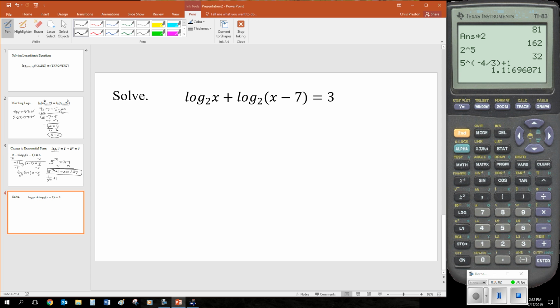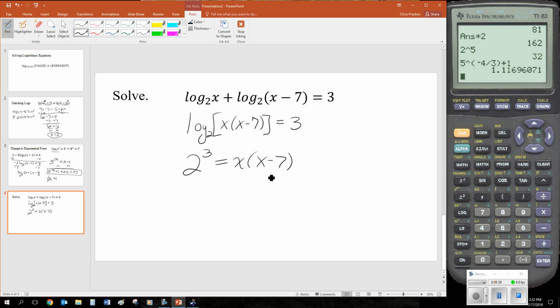So if you have two of these expressions, in this case they're adding, we can use the property that says if you're adding logs, you can combine those and multiply the inside parts. Now I have a log expression, and I can translate that. My base is 2, so 2 to the power of 3 equals what's inside here. I'll write it this way for now, and then we'll distribute it out in the next step.